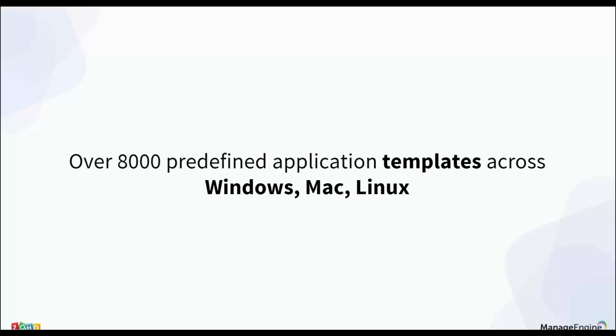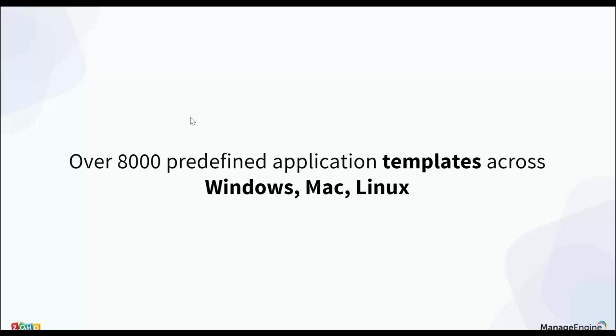So when it comes to software, we have around 8,000 predefined templates for Windows, Mac, and Linux. We have them all added to our database. We have a special team here who downloads this software. They will have them tested at an operating system level, and then they will upload it to our database.